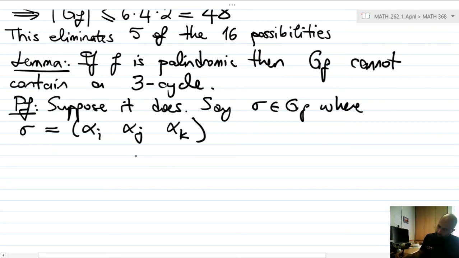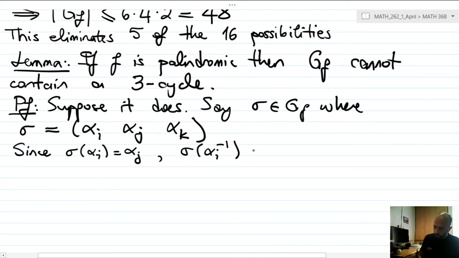Now, since sigma of alpha_i is equal to alpha_j, we must have, by this palindromic property, sigma of alpha_i inverse is equal to alpha_j inverse. Now alpha_i is not equal to alpha_j. This is an honest 3 cycle. Therefore alpha_i inverse is not equal to alpha_j inverse.